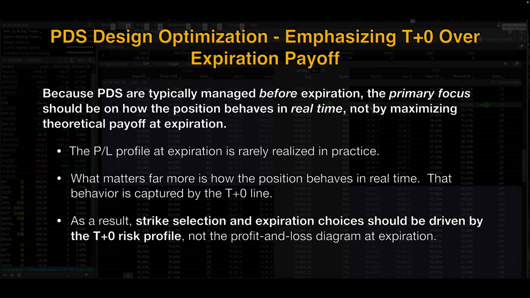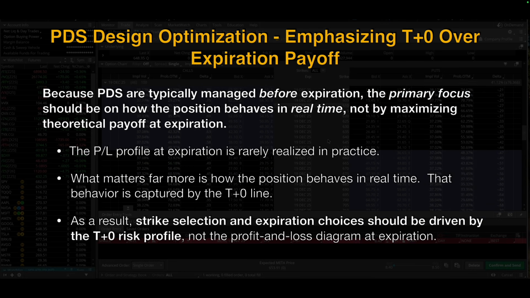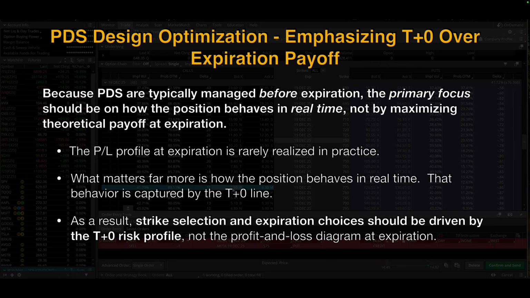So a lot of times we'll get kind of hung up at looking at these profit and loss diagrams, and it's easy to lose sight of the fact that what we really need to be paying attention to is the T+0 line. So as a result of this, strike selection and expiration choices should be driven by how they influence the T+0 risk profile, not necessarily the profit and loss diagram at expiration.